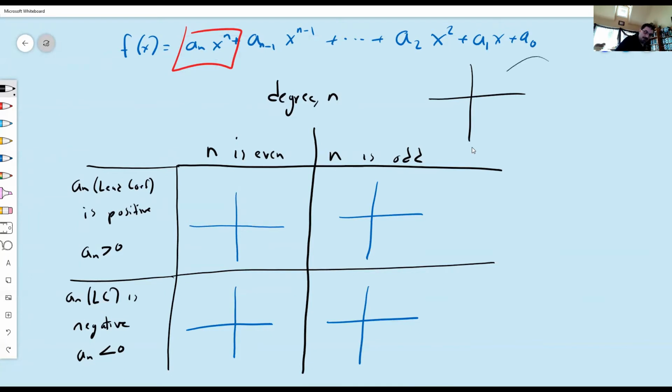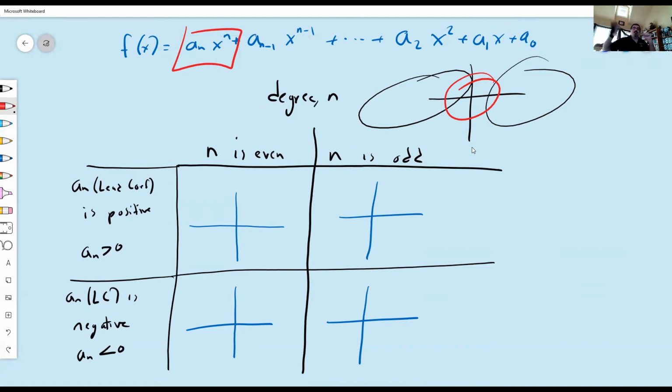So we're talking about what's happening out here. In the center, it doesn't really tell us that much. That's what the zeros are for, to tell us what's going on in the center, but we're just talking far left or far right. As we go to the far right, so as x gets big, we can go either up or down. As we go to the left, x is very negative, towards negative infinity, y can go up, be positive, or it could be negative.